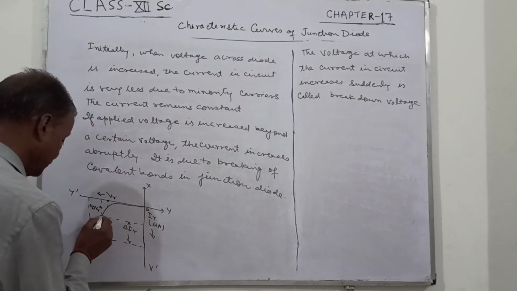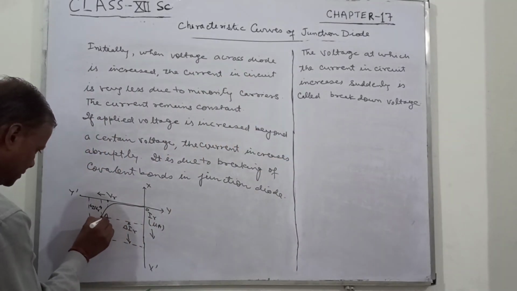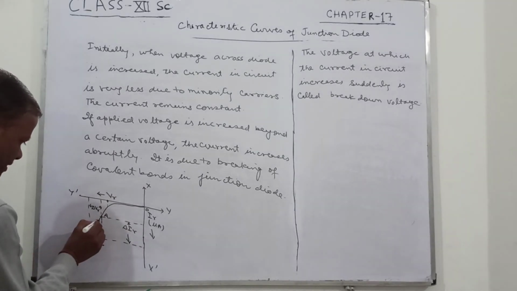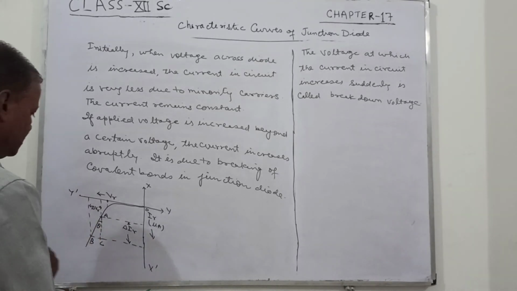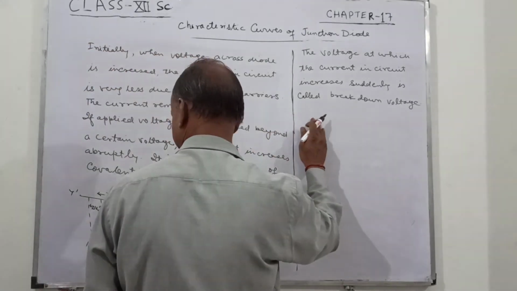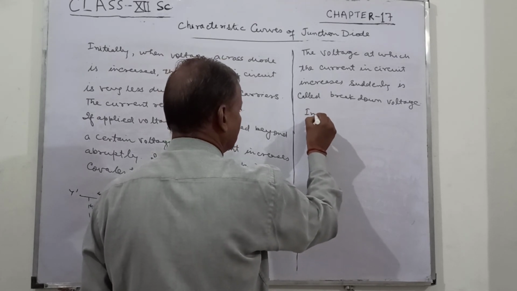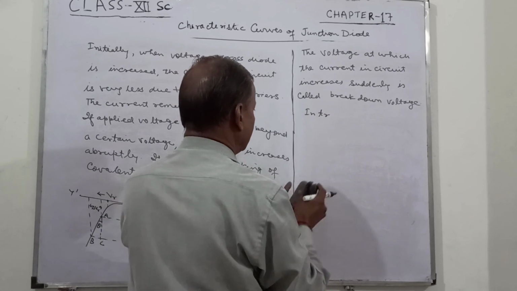This is suppose the point A, and this is point B, and this we take the point C. This we make the right angle triangle. This suppose the angle theta. In triangle ABC.